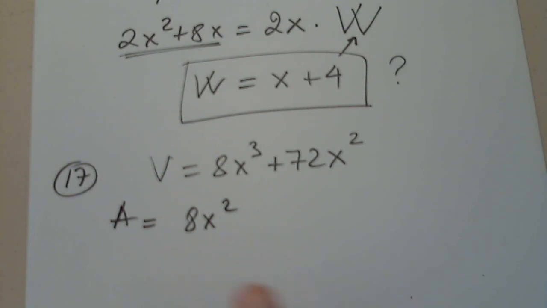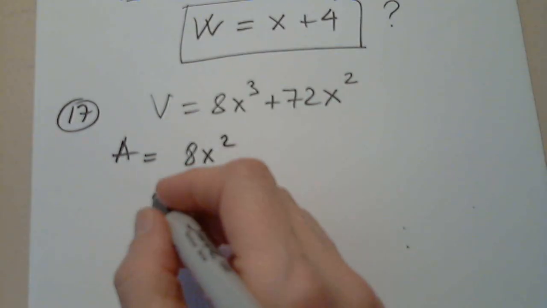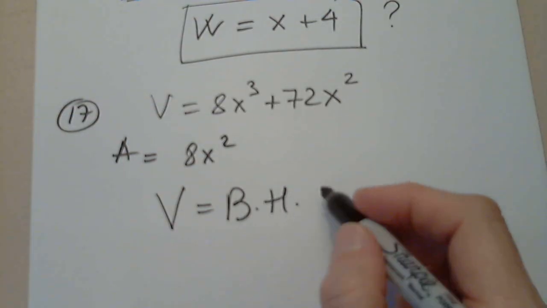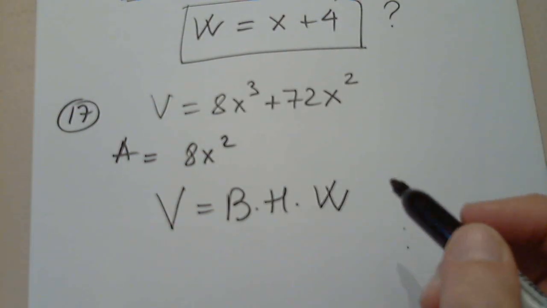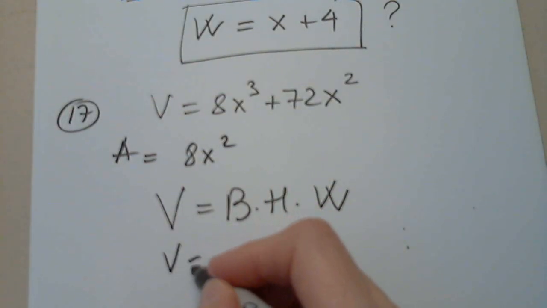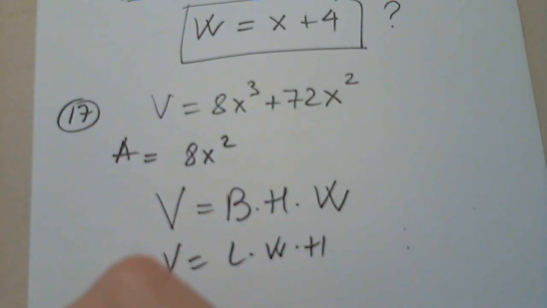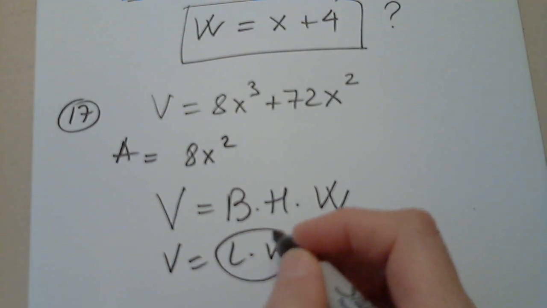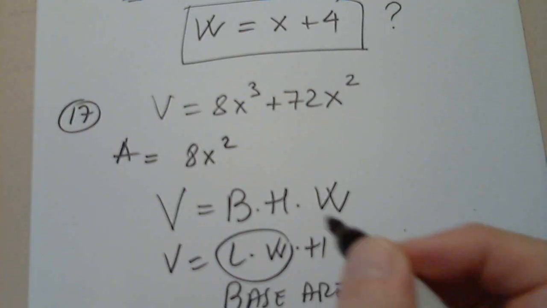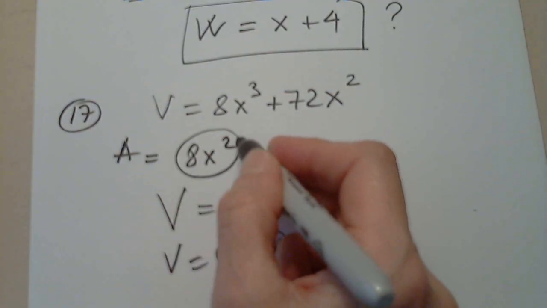Okay. So remember, the volume is base times height times width. Or I should say maybe better length times height times width, or length times width times height. Now, the length times the width is the base area, which in the problem is given to us as 8x squared.